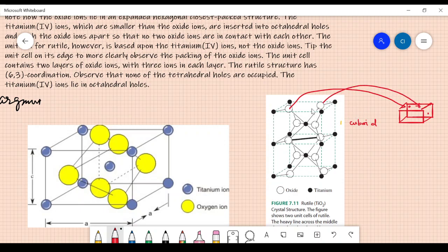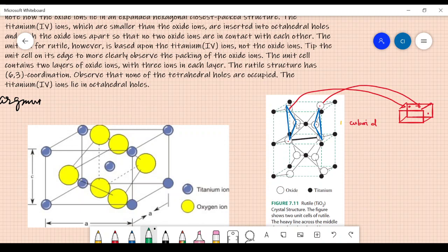When you have two oxygen atoms at the top surface and two oxygen atoms at the bottom surface, I'm just putting one dot there, and two oxygen atoms on opposite sides. Here this is quite close to this. In the smaller side, you will have two oxygen atoms, and you can see that we are just joining them to get an octahedron. So that is what is being mentioned there as an octahedral hole. These two triangles, if you see from the top, will give you the octahedron.